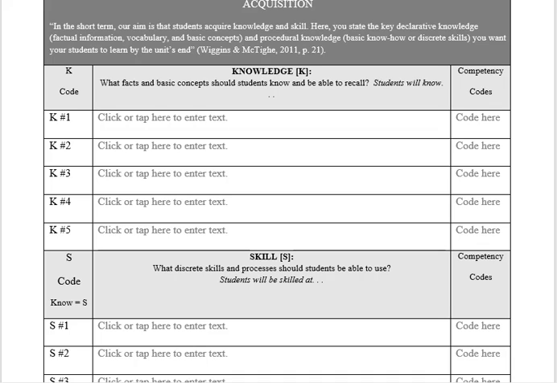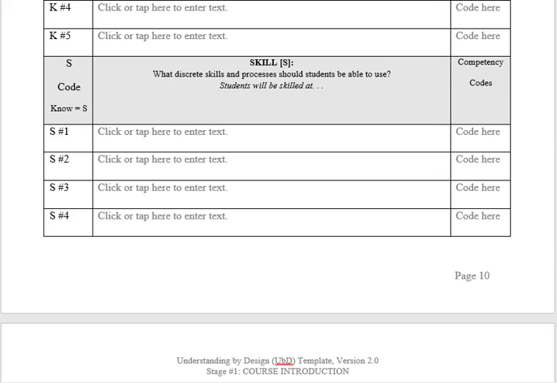So we're going to list the knowledge 1, knowledge 2, knowledge 3, knowledge 4, however much facts or basic concepts that you want the students to know or recall about your unit. And once again, we're going to tie it back to that competency, and we're going to list those competency codes there on the right.